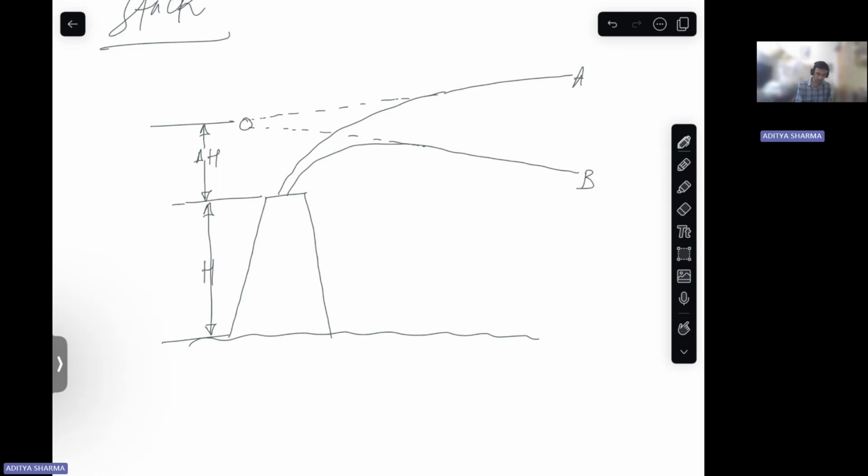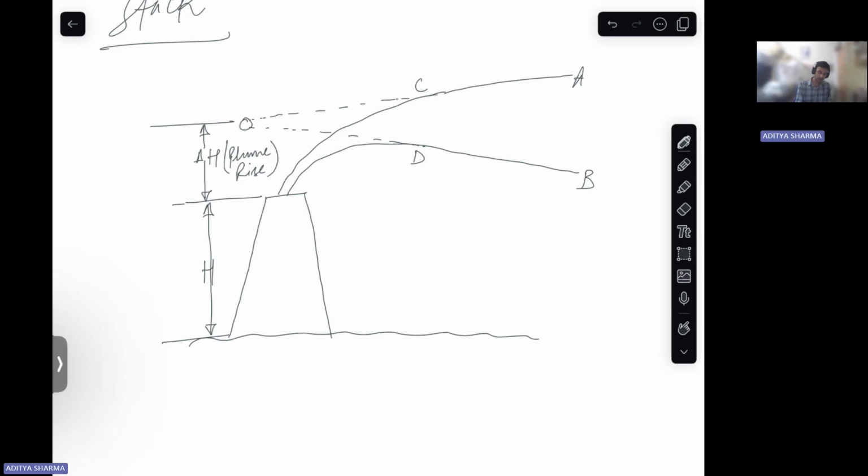But then to have a value for plume rise, we extend this AC and BD towards a convergence point, right?